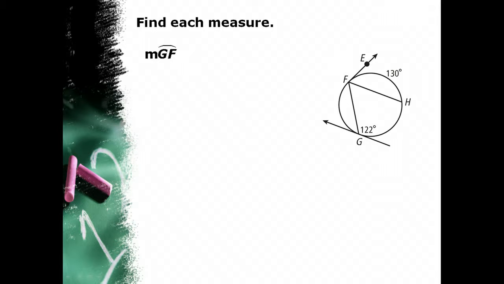Let's find GF now. So we have GF on this side, and we want the arc. Well, this is the angle G, and we see that this is the tangent line, and this side of it is 122 degrees. So this would be a linear pair. The measure of angle G is half the measure of GF.